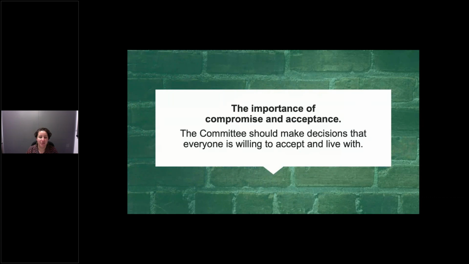But if you are to remain on that board, you have to speak with one voice. You can have that robust discussion, which is really important. But once a motion or a decision has been put to vote, and it was voted up and you didn't agree with it, you still have to support it publicly. And you can't go outside of the committee and talk to other people about the fact you didn't vote for it.